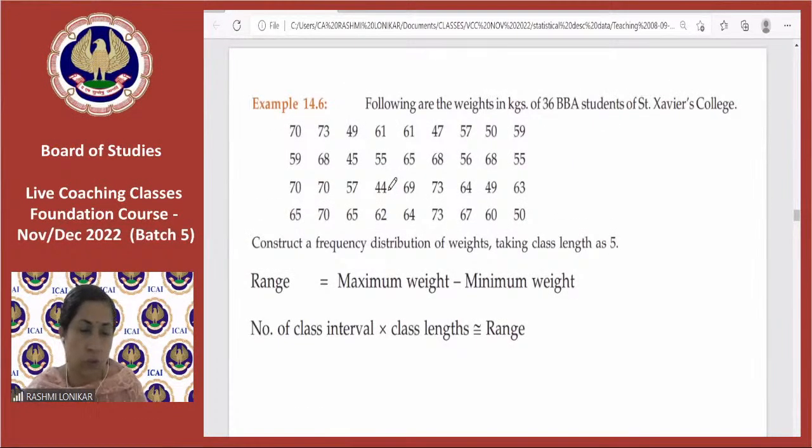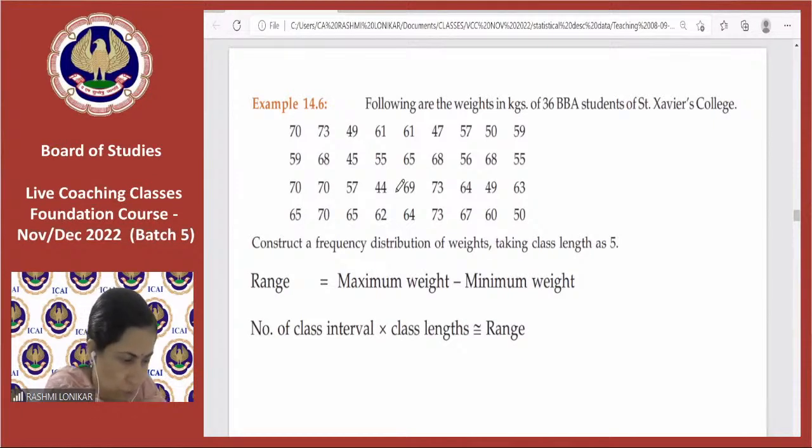Now we are going to talk about 14.6, an example we want to solve. And here you will be able to form the whole distribution. Yes, Bhumika, thank you. Page number, I think it will be 14.15 or something like that, but you'll have to see. Yes, Anika, very good. Thank you for pointing it out.